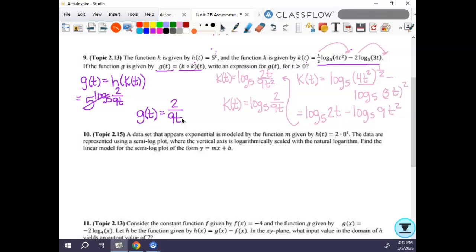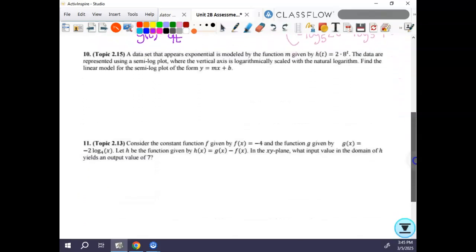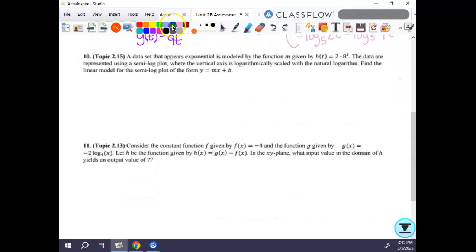Okay. All right. So then we have a data set that appears exponential, is modeled by the function h of t. The data are represented using a semi-log plot, where the vertical axis is logarithmically scaled with the natural logarithm.